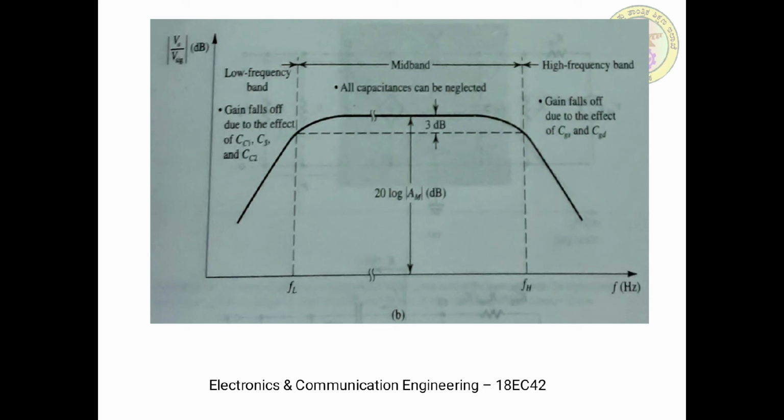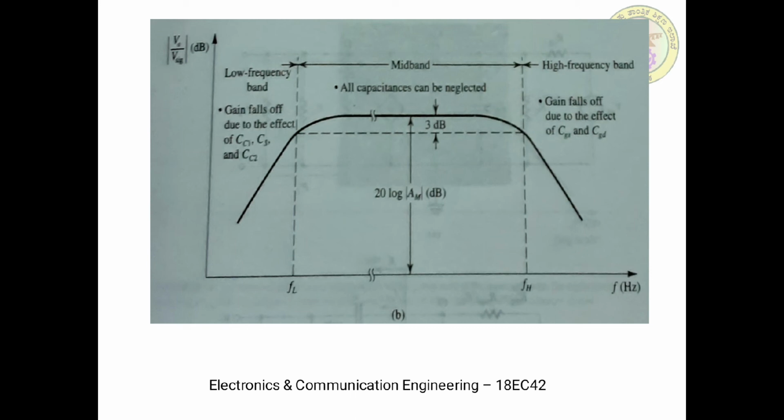Similarly at the higher frequencies again the gain falls off, because the impedances of 2 more capacitances, CGS and CGD, are going to decrease. At higher frequencies the impedances of CGS and CGD decrease, and as these impedances decrease they no longer behave like open circuits.